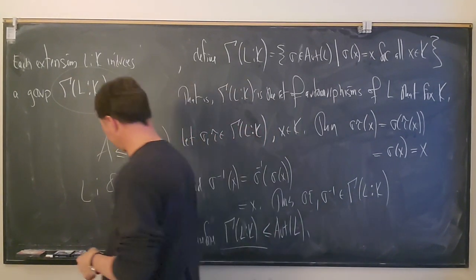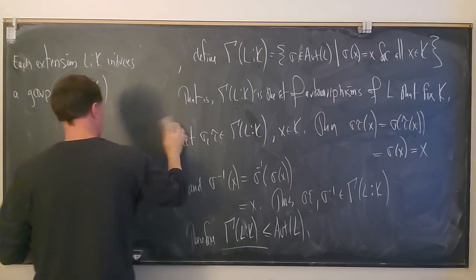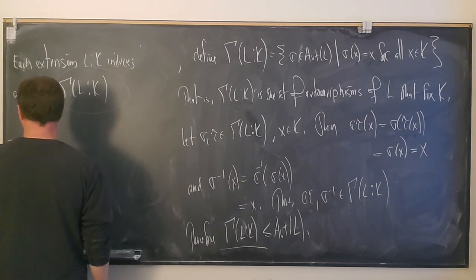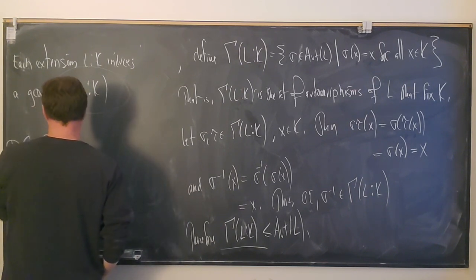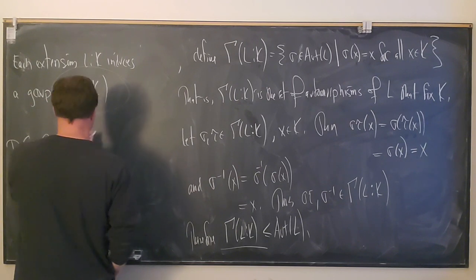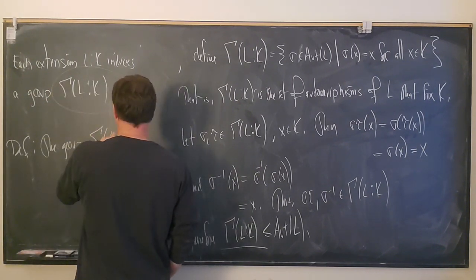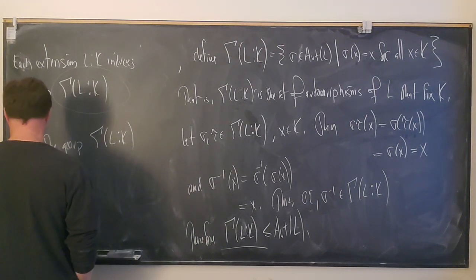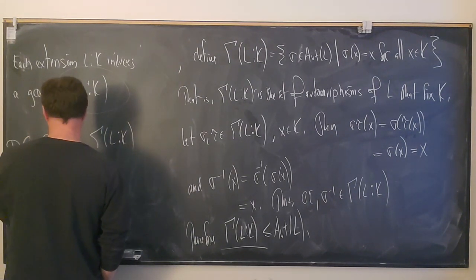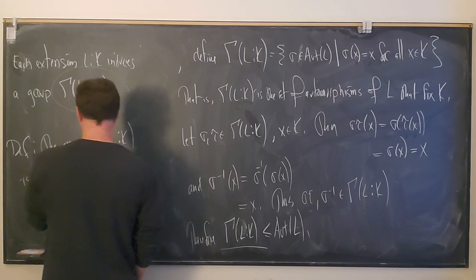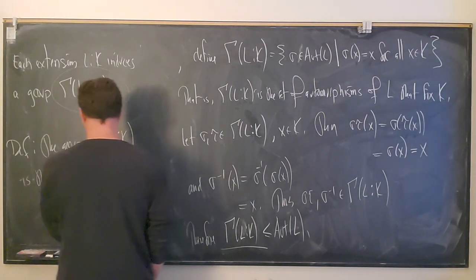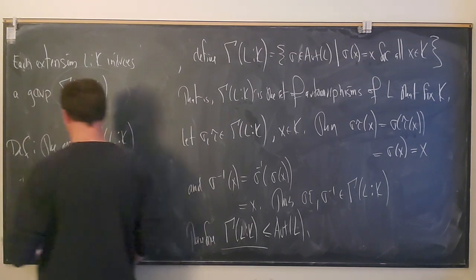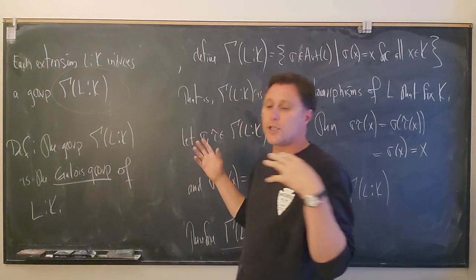And so we're going to end it right here with a formal definition. The group gamma of L over K has a name: this is the Galois group of the extension L over K. So this is the genius of Galois.